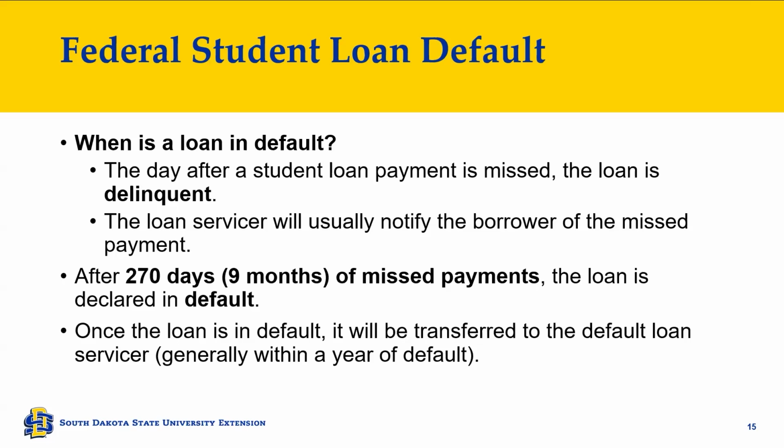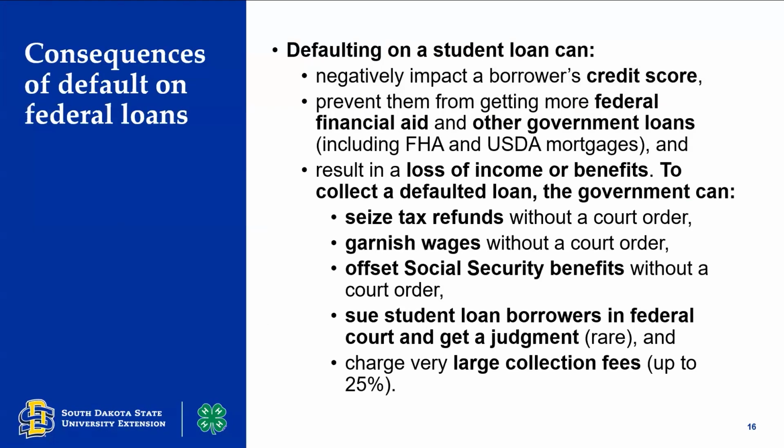Some consequences of defaulting on a student loan: it can negatively impact a borrower's credit score. It could potentially prevent them from getting more federal financial aid or any other government loans. This could even include FHA or USDA mortgages to purchase a home.